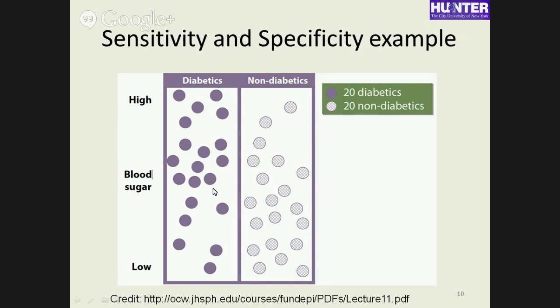But you can kind of see in this dot plot that among the diabetics, generally it's higher than in the non-diabetics.